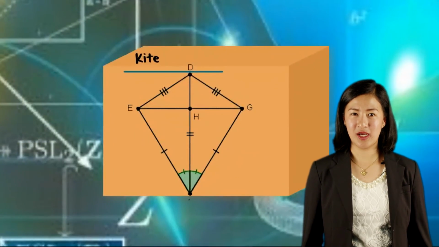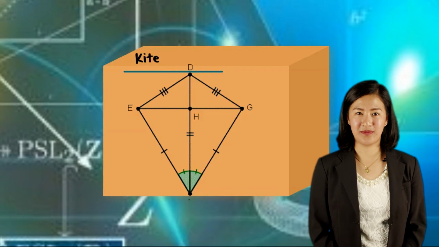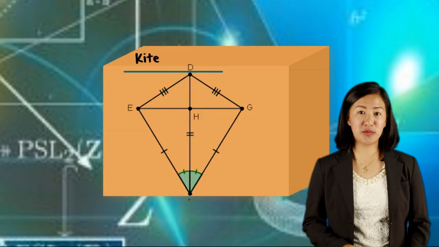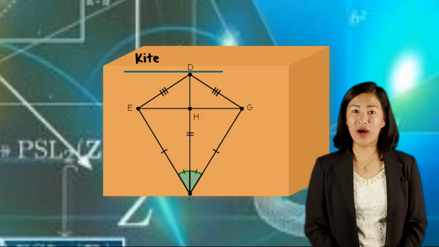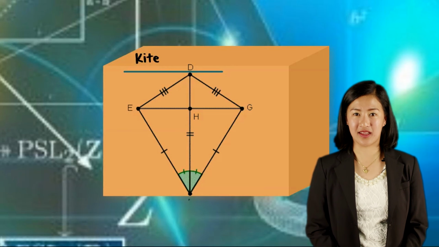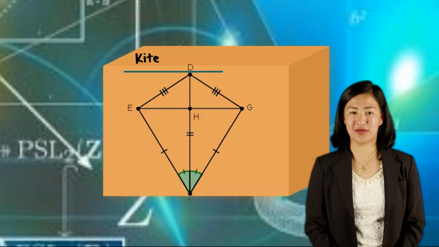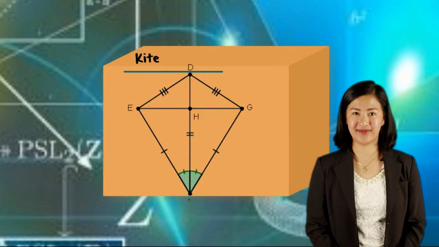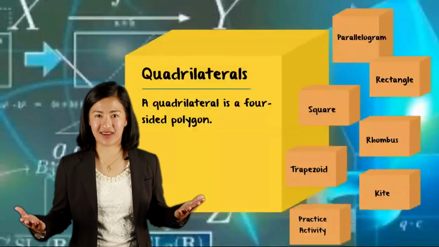Kite. Two pairs of adjacent sides are equal. One pair of opposite angles is equal. One diagonal bisects the other. Diagonals intersect at right angles. These are the 6 types of quadrilaterals.